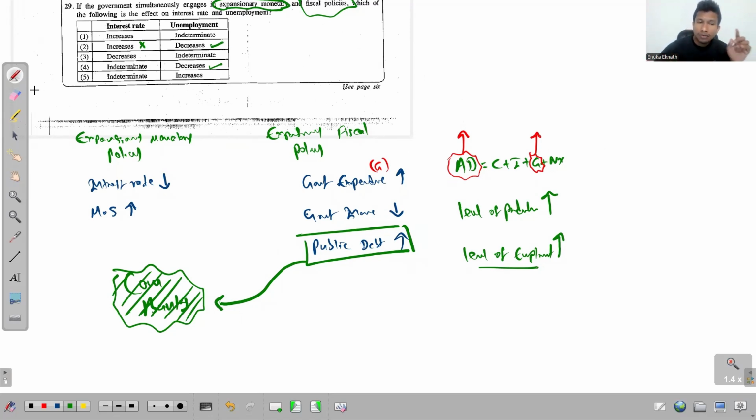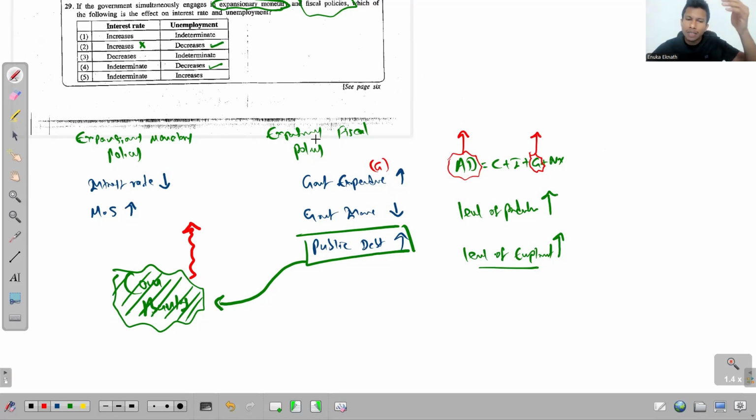So what could happen in the economy? The interest rates could go up. I don't say that it goes up, I just say it could go up, so we don't know what will really happen to the interest rates.